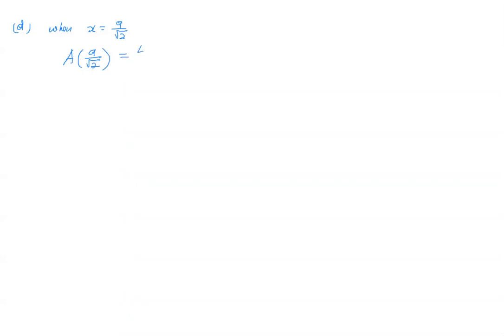Put it into the formula. Your x is a over root 2, square root of a squared minus a over root 2 squared. Give yourself some time to try to get the answer. Simplify it. If you have got the answer already, let me know.